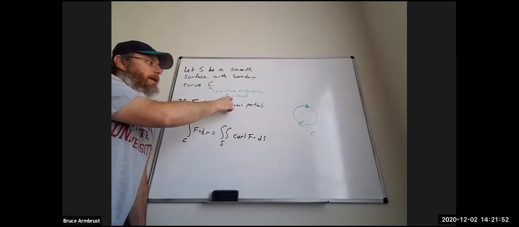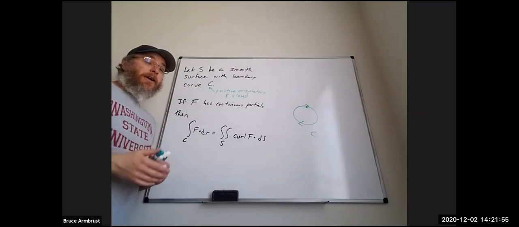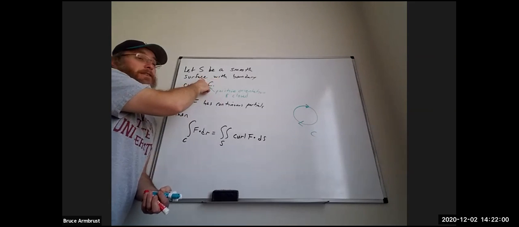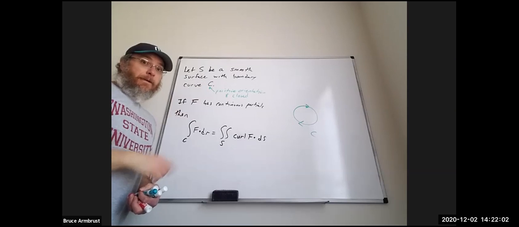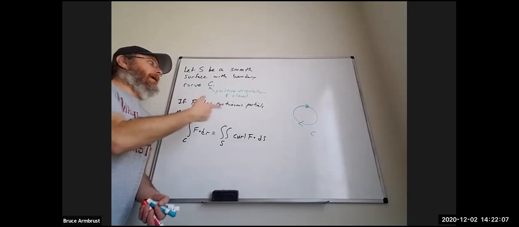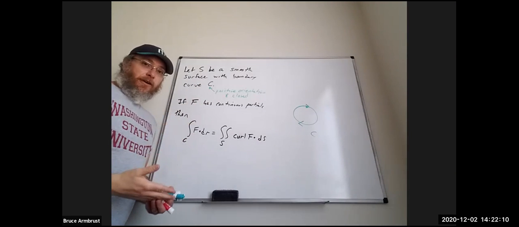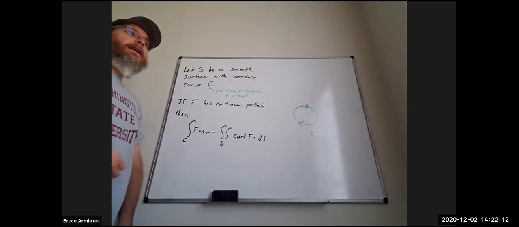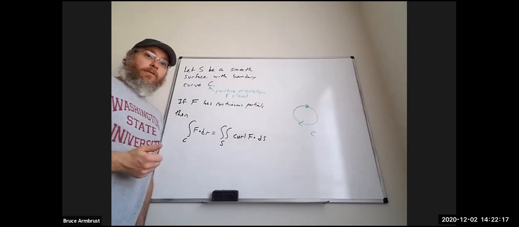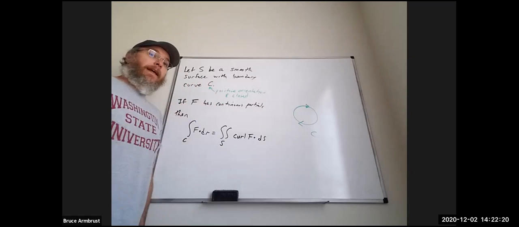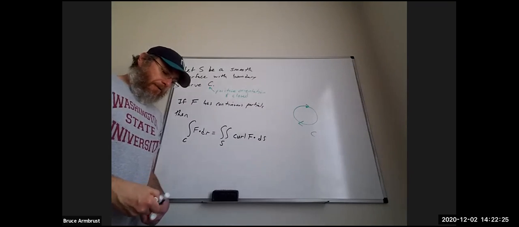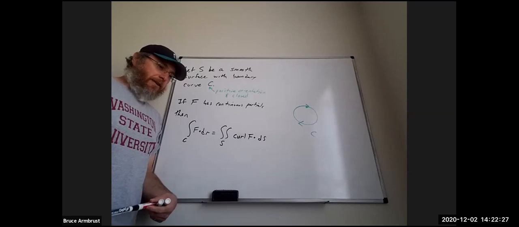Now, let's talk a little bit more about the positive orientation and closed curves, because now we actually have two orientations going on. We've got the orientation of the surface, right? We've got to think about which direction our normal vector is going. And then we have to worry about the orientation on the curve. Okay, so here's how you determine positive or negative relative to the normal vectors. You're going to use your right hand. This is another right hand rule thing. What you want to think about is, suppose that the normal vector is sticking out of the surface.